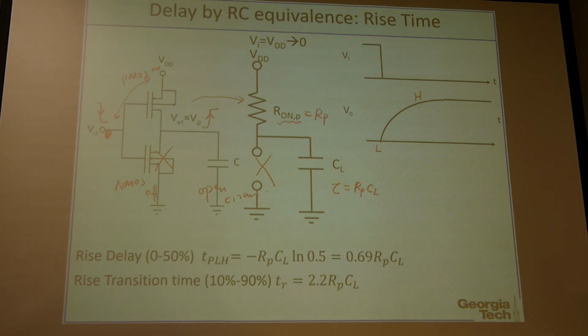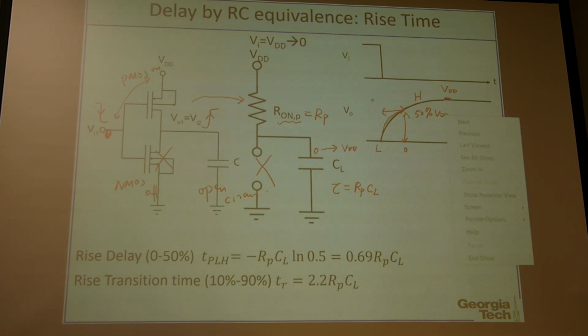And you know for the RC circuit, for this voltage changing from 0 eventually to VDD, you have this exponential increase of the voltage over time, and eventually you get VDD. So here we're interested in the TPLH, which is defined as when this increases from 0 to 50% of the VDD.